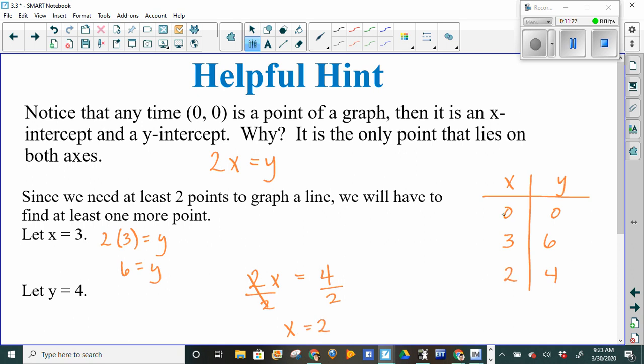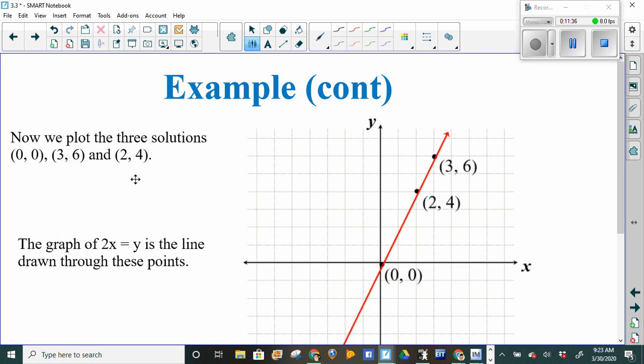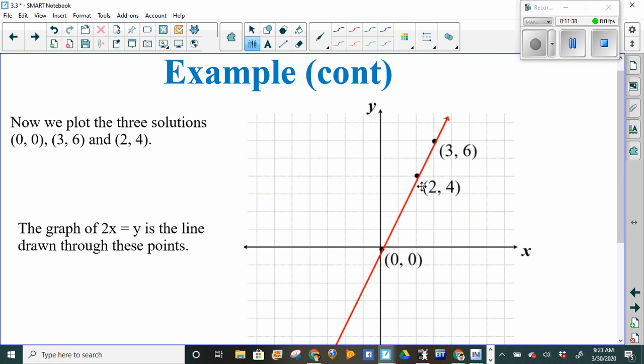So now I have my x and y intercept, and then I have 2 additional points. So now plot all 3. So you can just choose which 2 if you wanted to graph these 2 and then check this one, or graph these 2, but make sure you're graphing this one because they specifically ask for your intercepts.